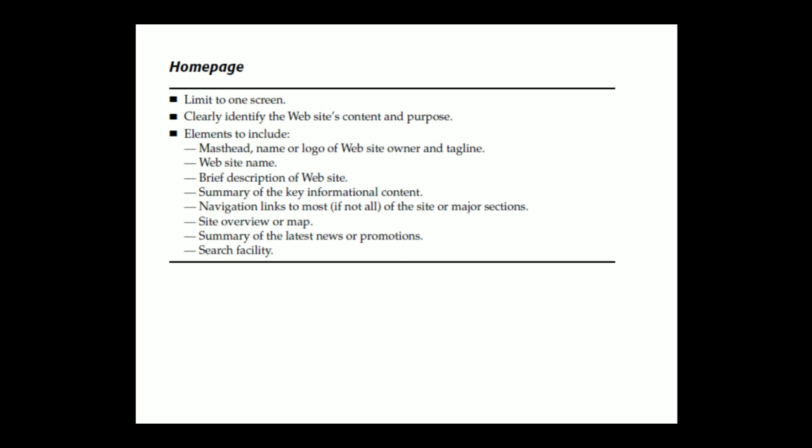So keep the home page on one screen. All important elements should be viewable without scrolling, so they will not be missed, and elements of less importance and those non-vital to the site's use may be included below the visible area.